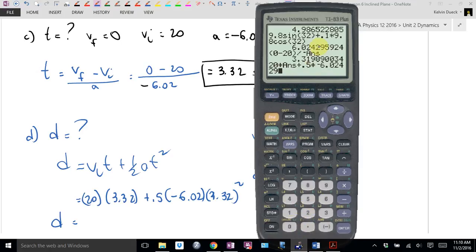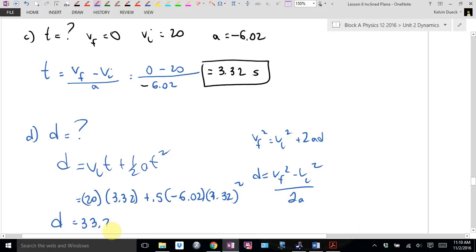I'll carry a few extra sig figs because I happen to have that sitting there. Times answer button squared. VIT plus a half A, negative because slowing down, T squared. And I get 33.2 meters.